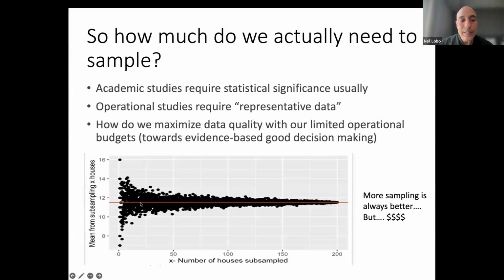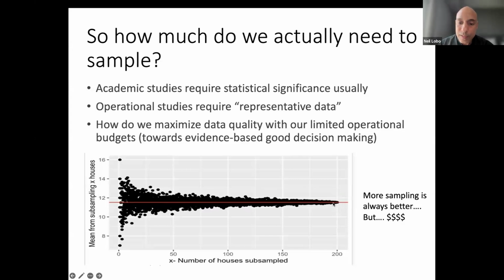And obviously, the more we sample, the less variation we have. If you sample 200 households, 200 sampling nights, it's about 11 and a half mosquitoes per house. That's a representative number.